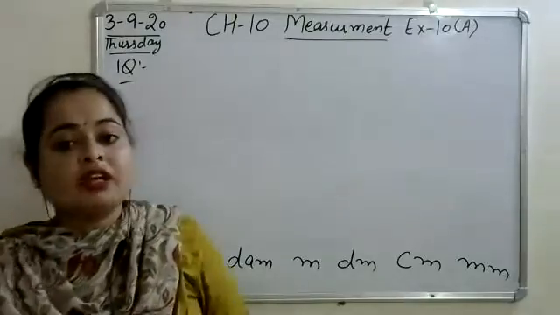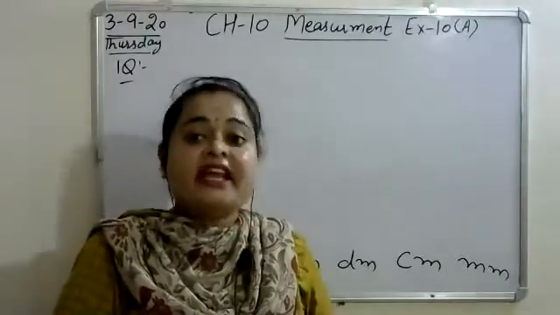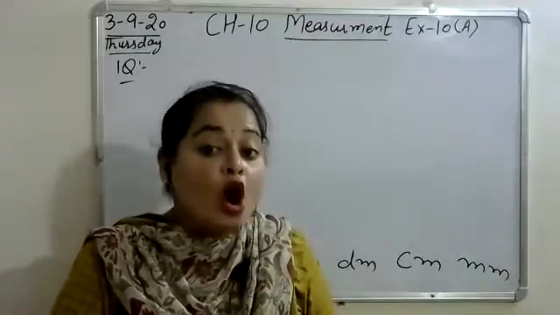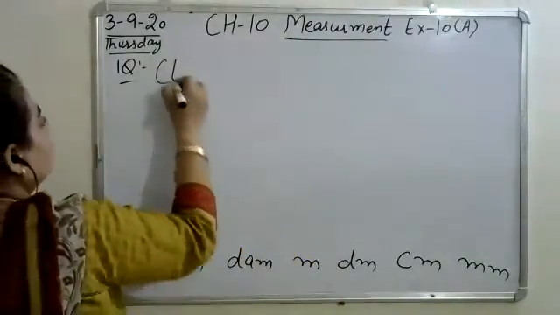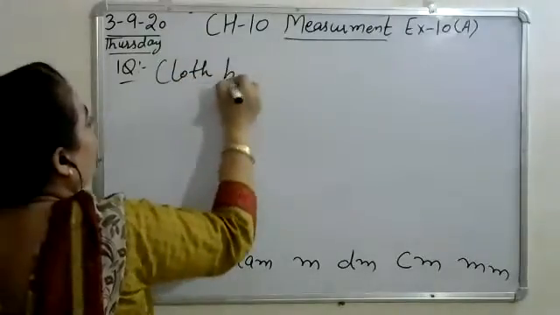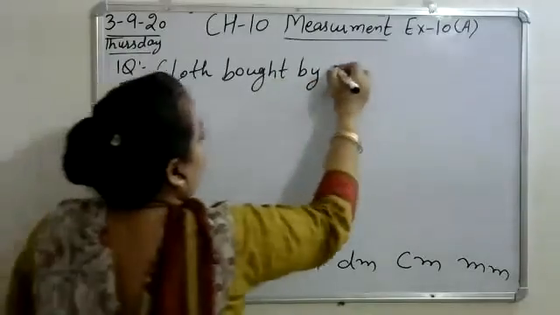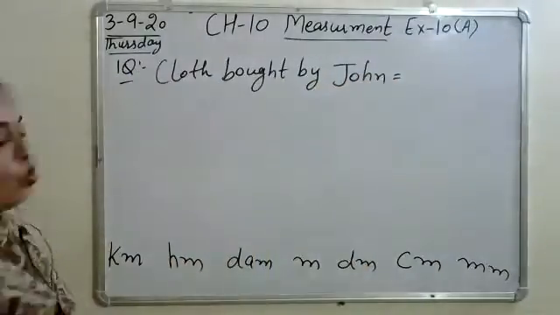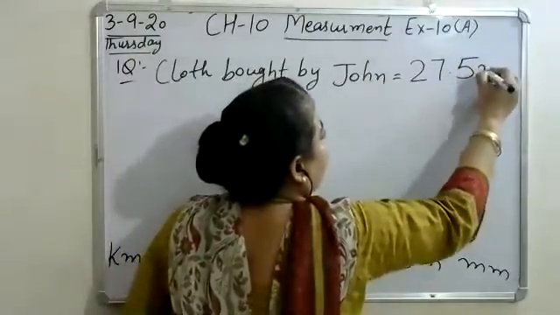Now the first question is, John bought 27.5 meter of cloth. What is given? So cloth bought by John is equal to, according to the question, 27.5 meter.